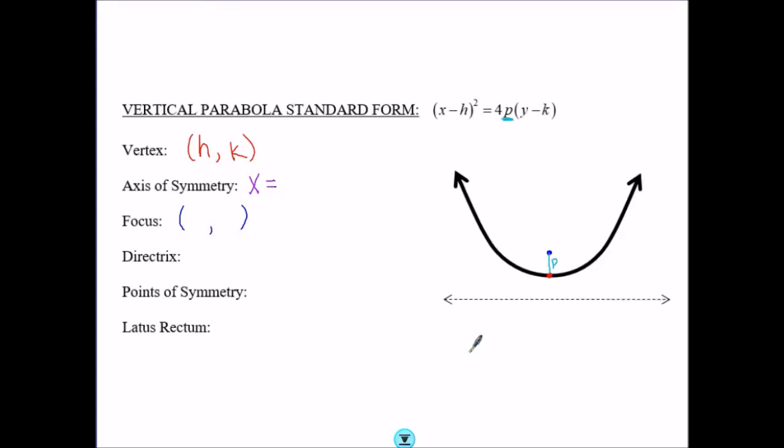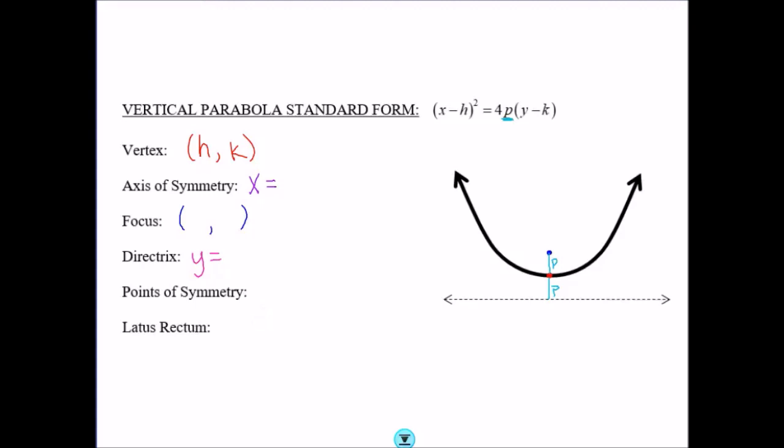If p is negative, the parabola will open down. Next, we have our directrix, and the distance from the vertex to the directrix is also p. In this case, our directrix is a horizontal line, so you want to make sure that you write that as the equation of a horizontal line, which is y = a number.